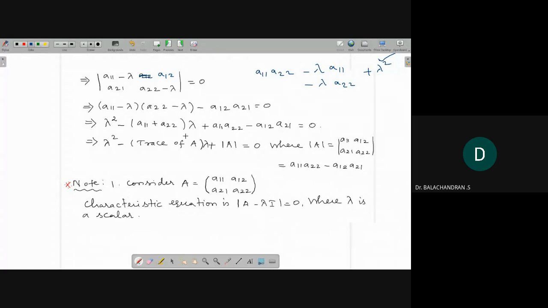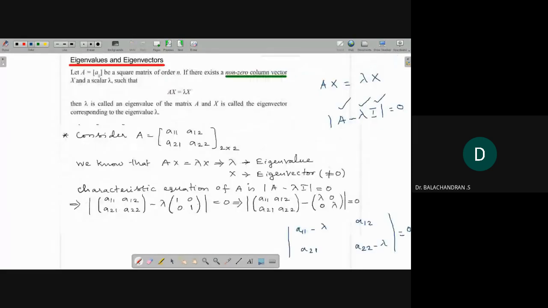So now, lambda square, from here to here, lambda square. This is the sum of the main diagonal. A11 plus A22 is what? You can see here, A11 plus A22 is the sum of the main diagonal.